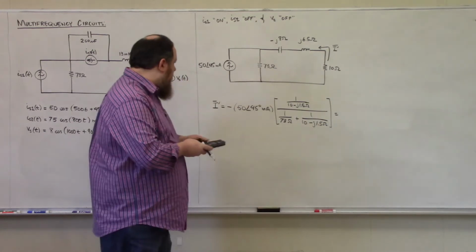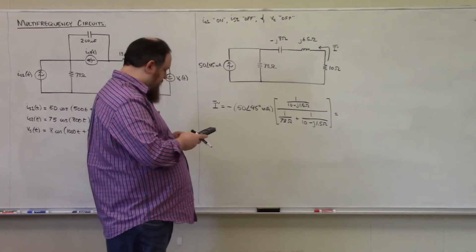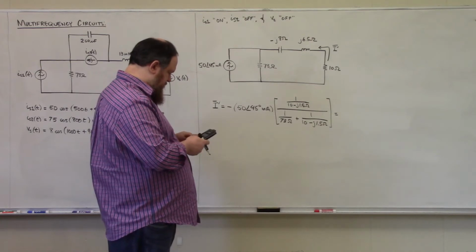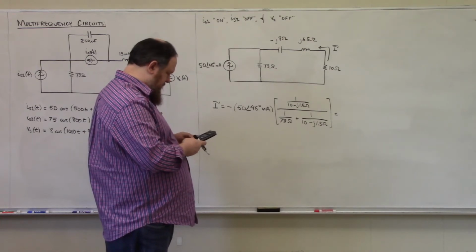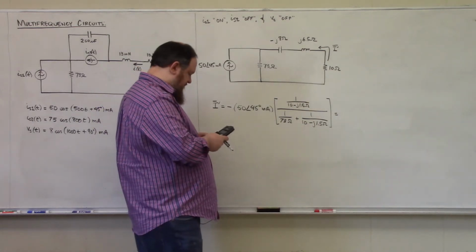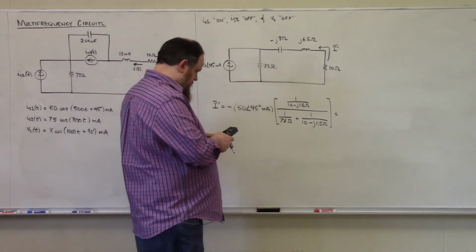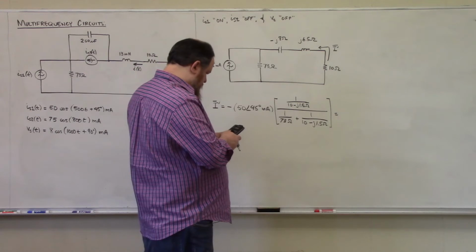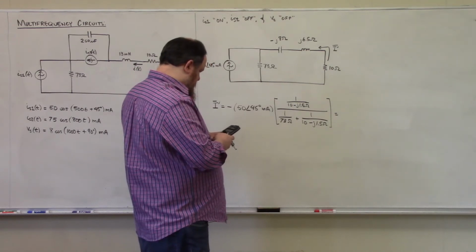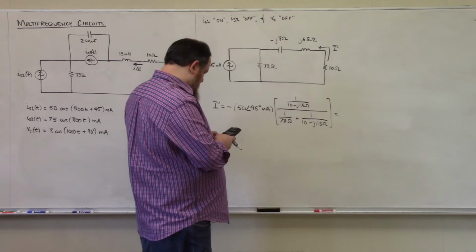And so I'm going to get negative 50 angle 45 times 1 over 73 plus 1 over 10 minus 1.5 j.